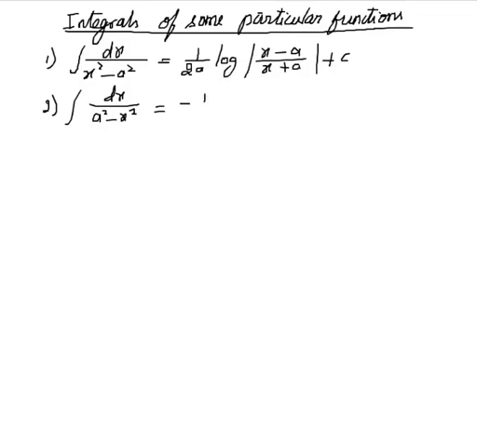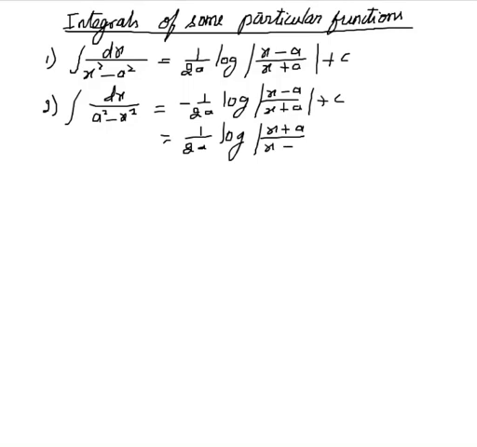So we can write minus of the previous answer, or you may take that minus sign as the power, so it becomes the reciprocal, x plus a in the numerator and x minus a in the denominator, and plus c.